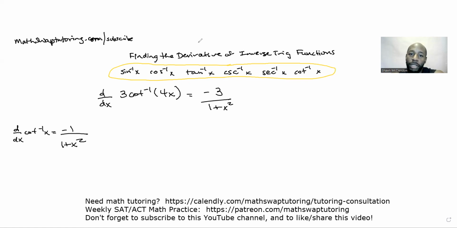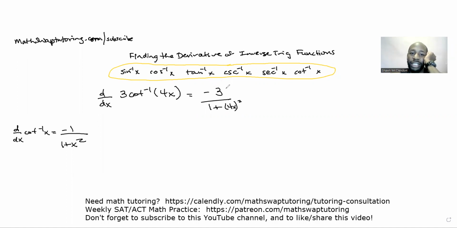Oh, and I almost messed up, but remember, the derivative of cotangent inverse of x is negative 1 over 1 plus x squared. So whatever the argument of the inverse trig function is, it is squared down here. So the same thing here. The argument of this inverse trig function, 4x, is going to be squared down here, okay?